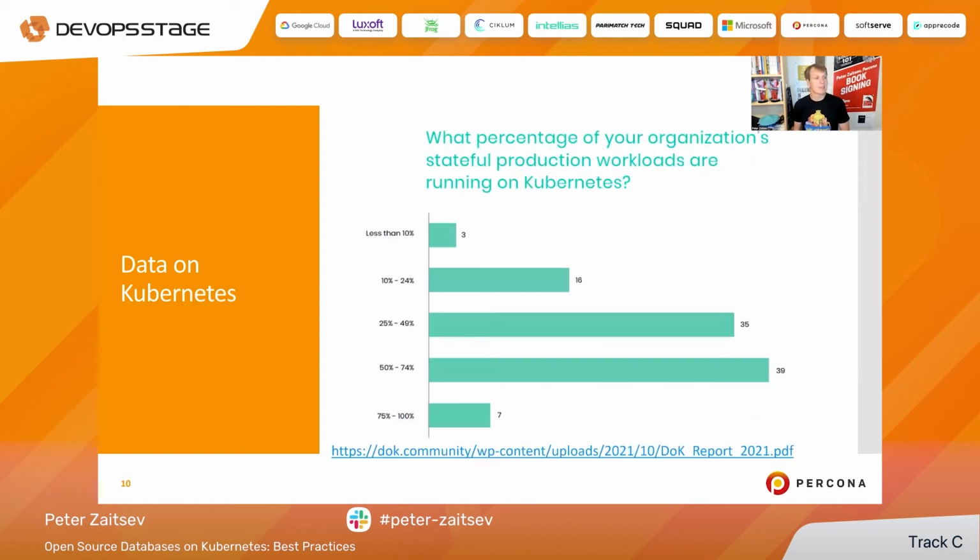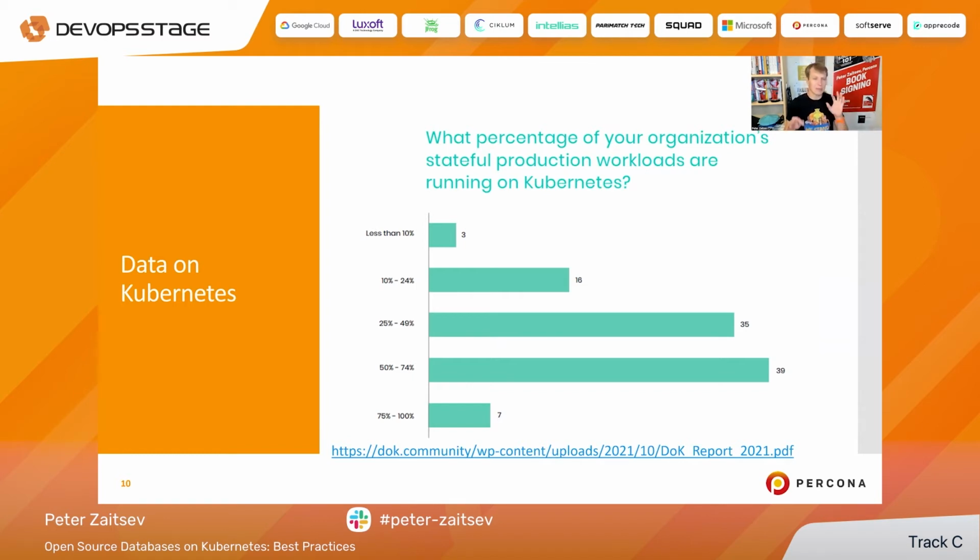Here are some stats which I thought were interesting from their Data on Kubernetes survey. Right now, what you can see here is that there are a substantial number of people who are active in this Data on Kubernetes community, already running a significant amount of stateful workloads on Kubernetes.